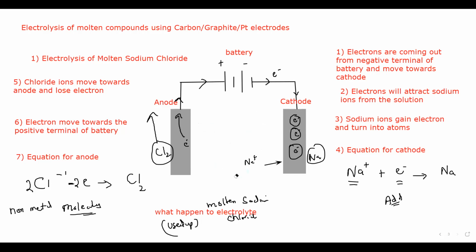Sodium ions turn into sodium atoms and chloride ions turn into chlorine molecules. So what is left here? Nothing will be left. If nothing is left, we use the term: the electrolyte will be used up. Is it clear?